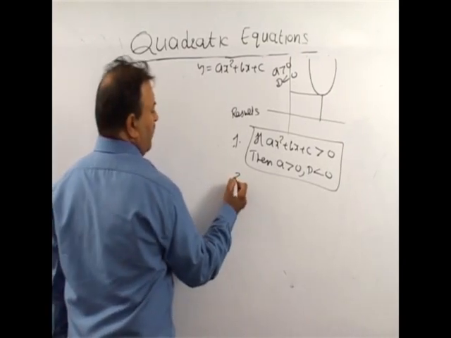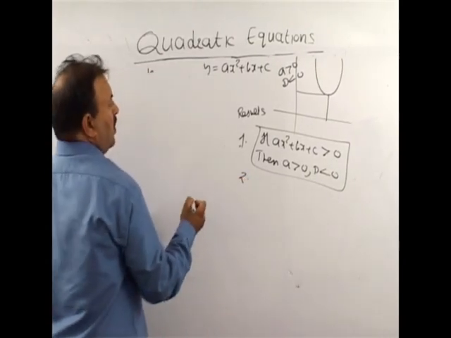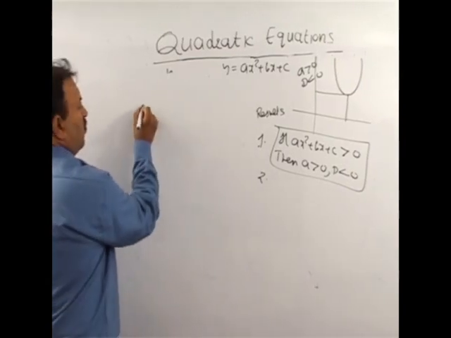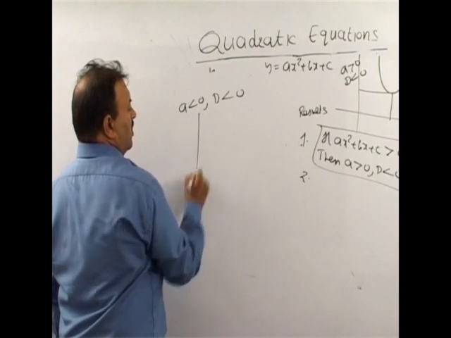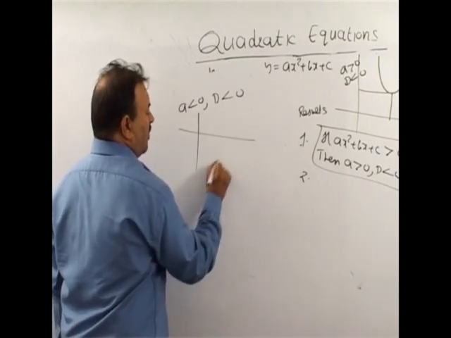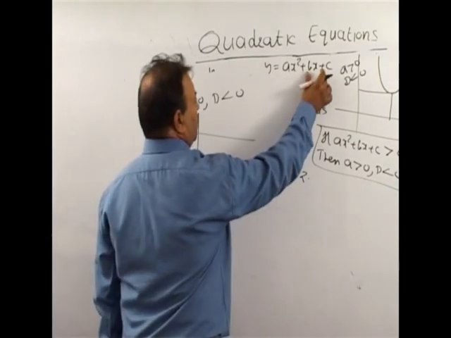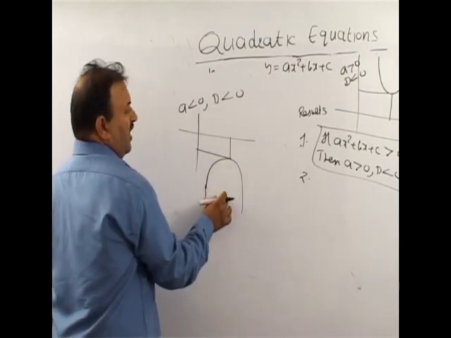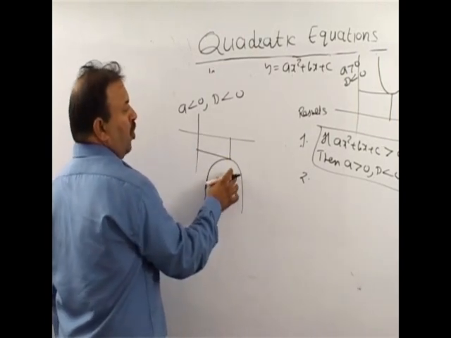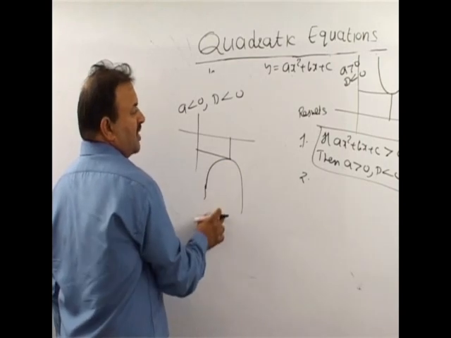Then result number 2: we have taken another case when a less than 0 and d less than 0. The graph of the parabolic function ax square plus bx plus c is like this. In this case, the whole parabola is below the x-axis.